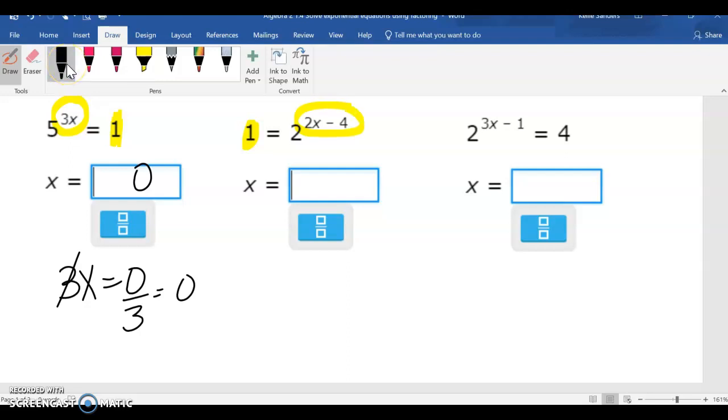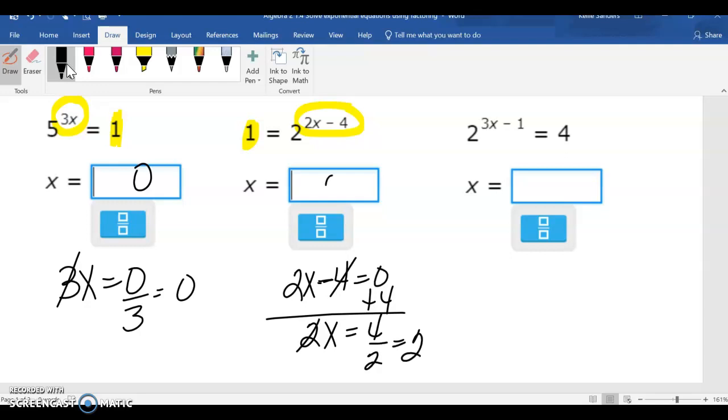Our answer is not going to be 0 this time though. 2x minus 4 has to equal 0. Add the 4. Divide by 2. And this time our x is 2. Because 2 times 2 is 4, and 4 minus 4 is 0. And now we have 0 as an exponent, and anything to the 0 is 1.